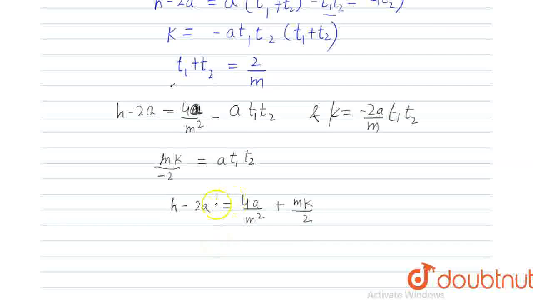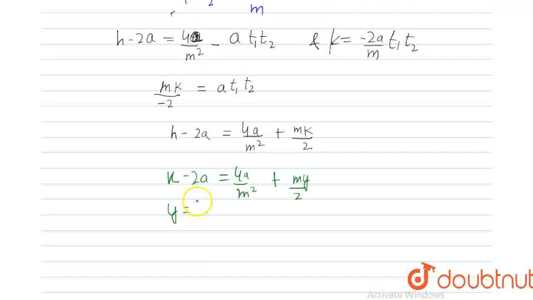That is why we are putting x in place of h and y in place of k. So x minus 2a is equal to 4a upon m square plus my upon 2. That is how we can find y. So y is equal to 2 upon m x minus 4a upon m.